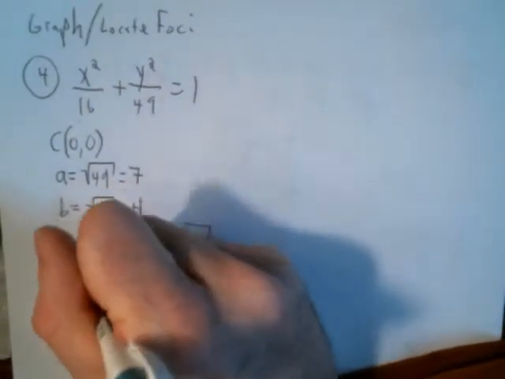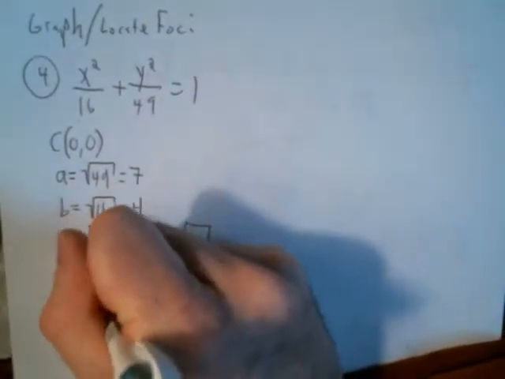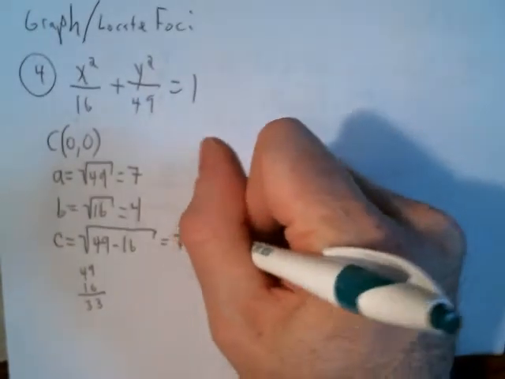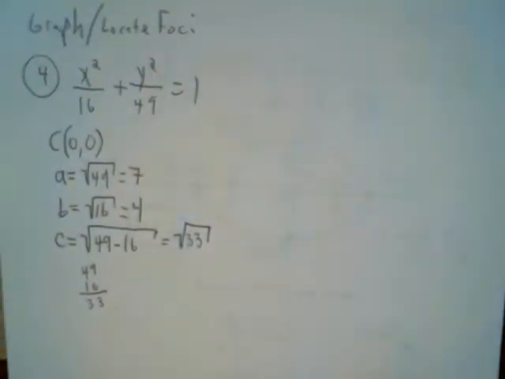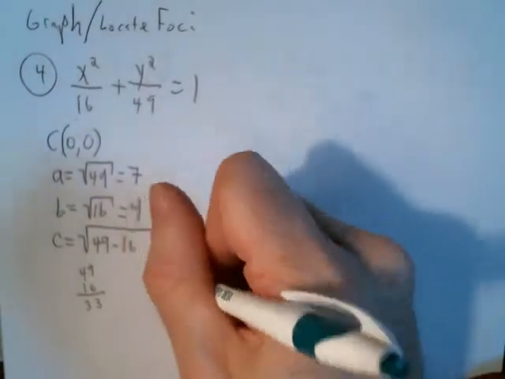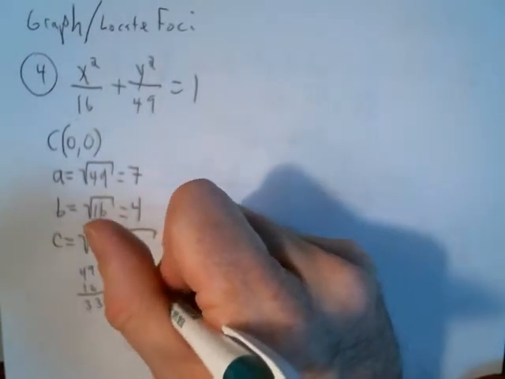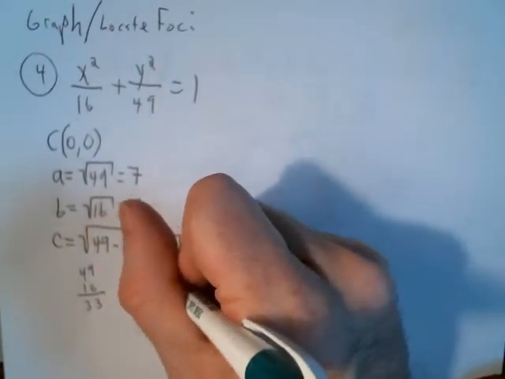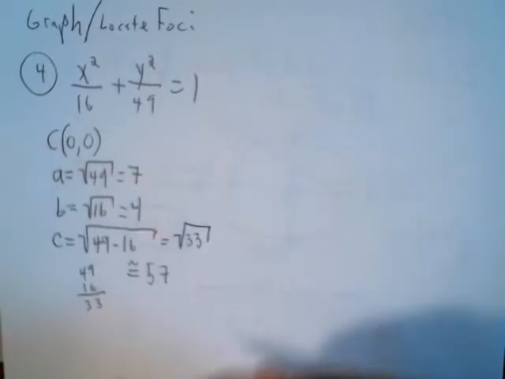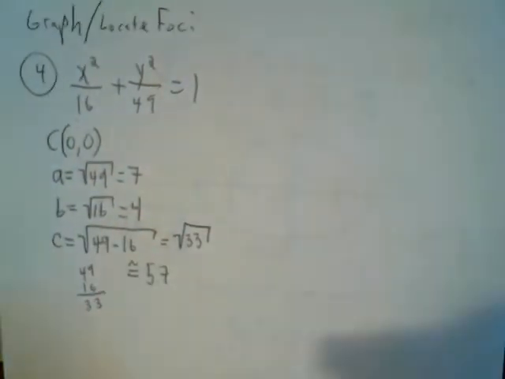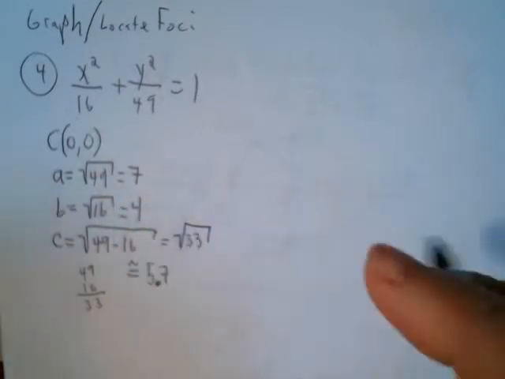Let's check this real quick. Oh, no, I didn't screw it up in my notes. Something weird happened there, though. Right, so root 33, we're going to be graphing, so it's best to get a nice decimal approximation for these things. And we get 5.7 for our c value.